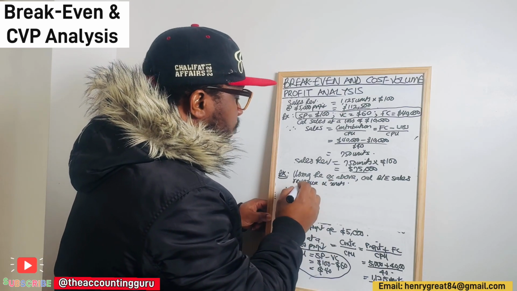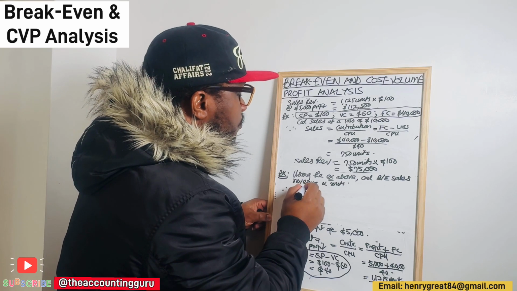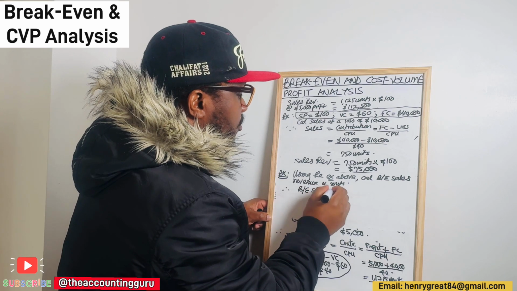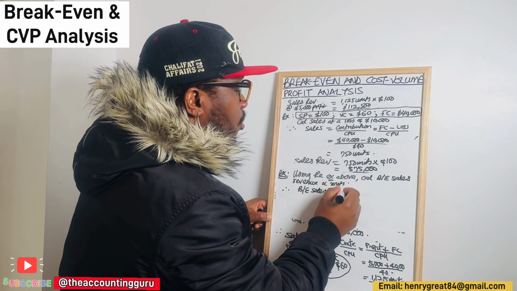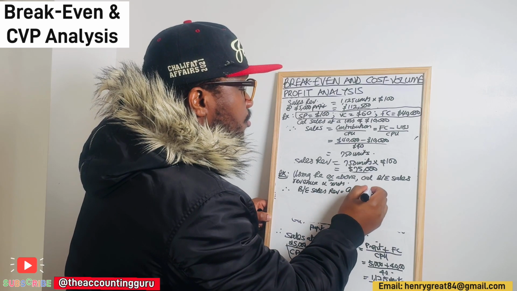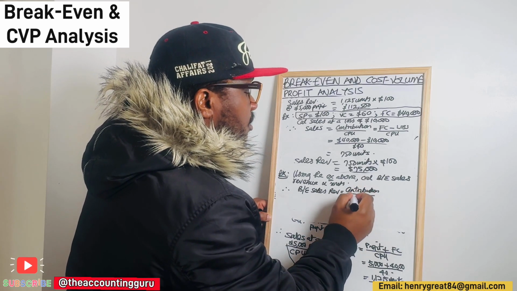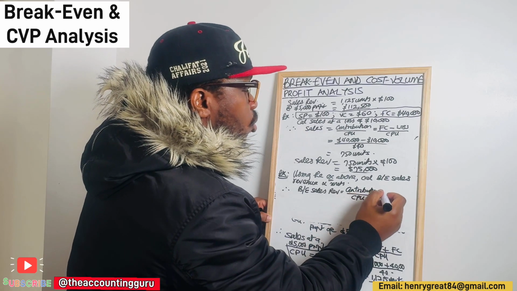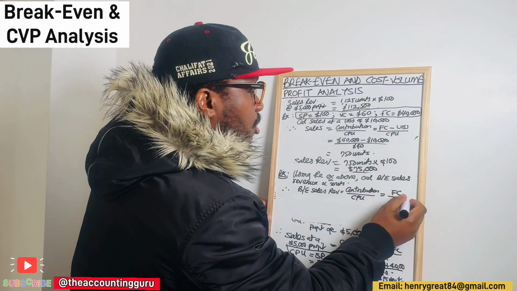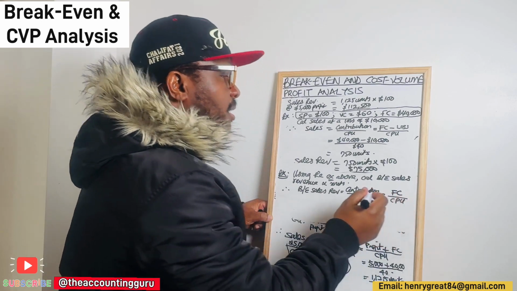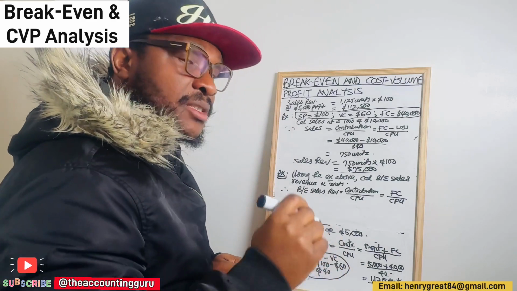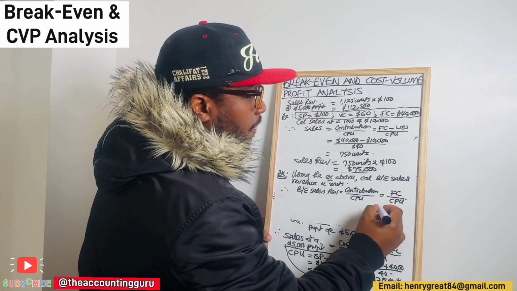So the solution would be: break-even sales revenue will give you contribution all over CPU, where contribution is equal to only fixed cost. Please note that at break even, profit is zero.